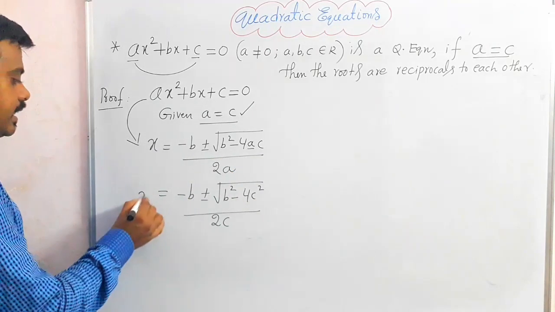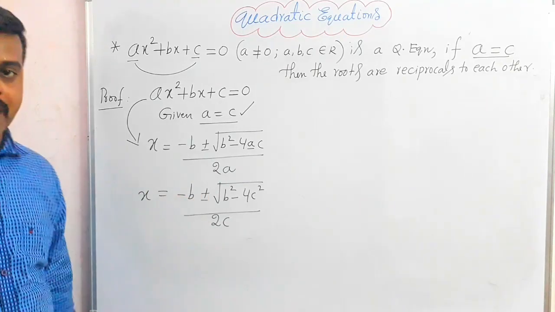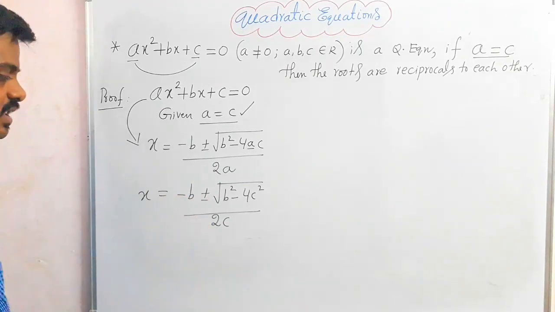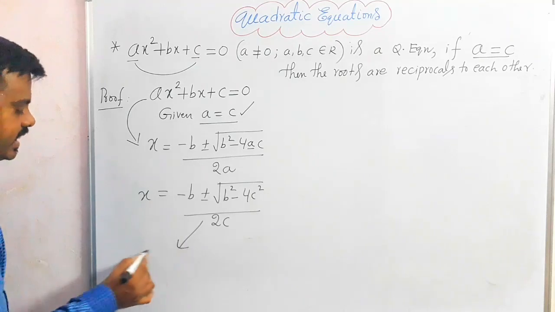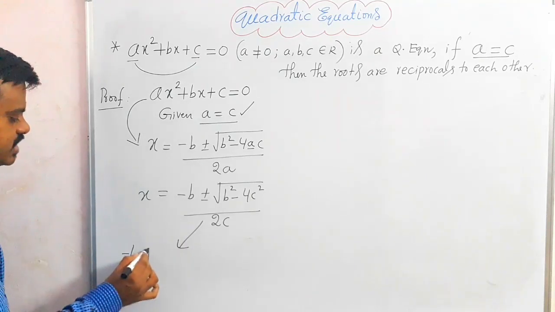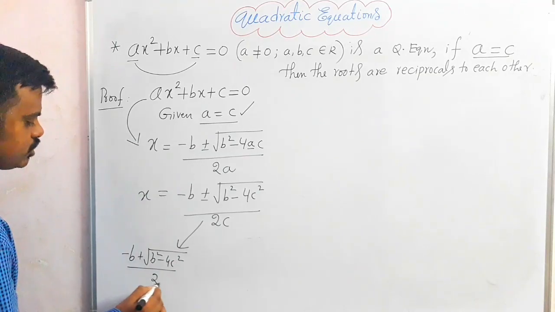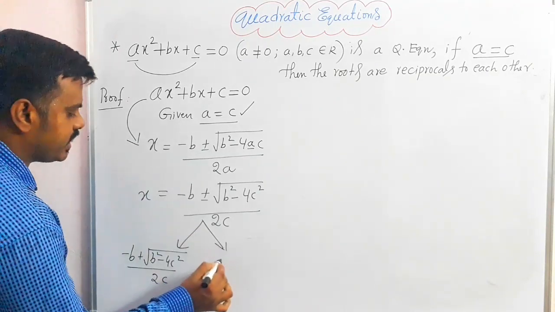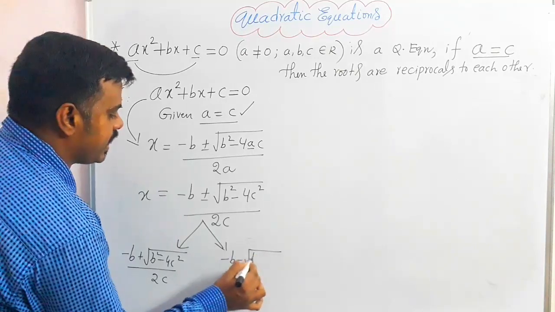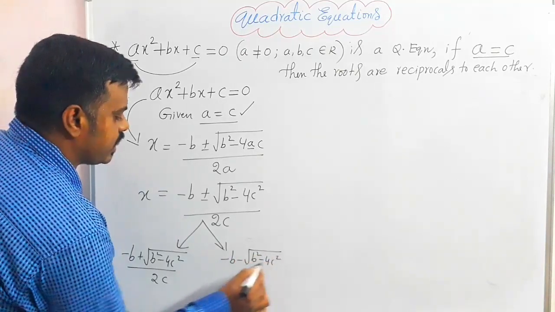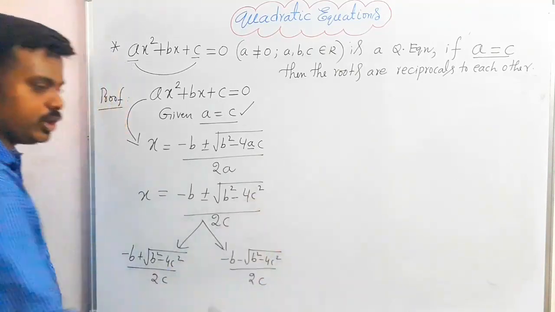Now here two roots we have, one is with plus, one is with minus. See, one is minus b plus root b square minus 4c square by 2c, and the other one is minus b minus root b square minus 4c square by 2c.